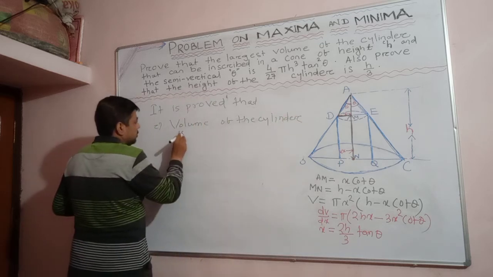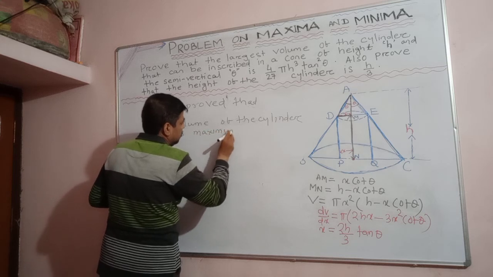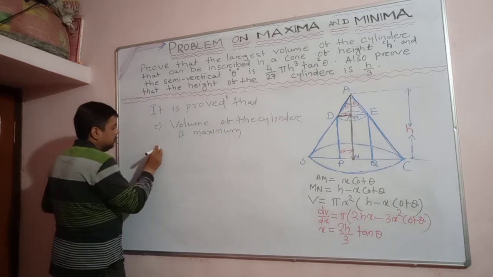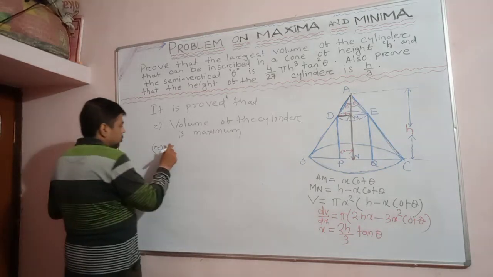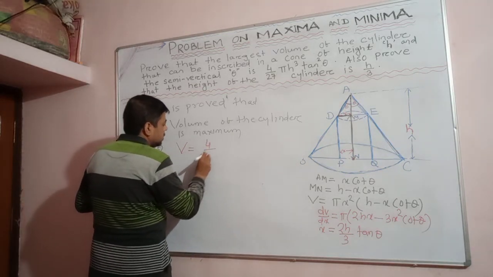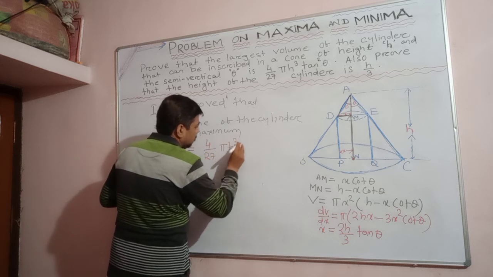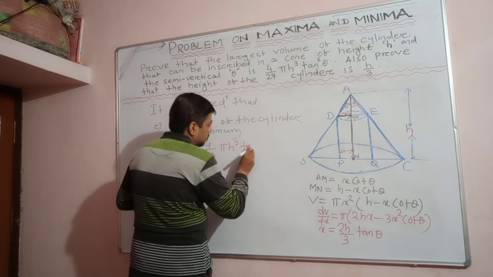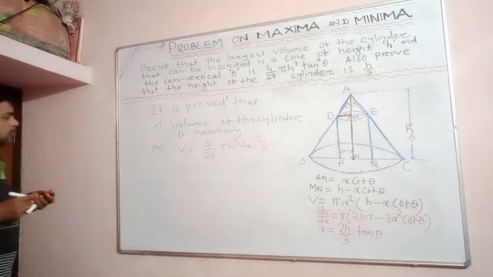Second point: the volume of the cylinder V is equal to 4 by 27 pi h cube tan square theta.